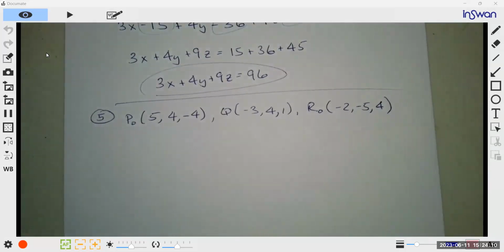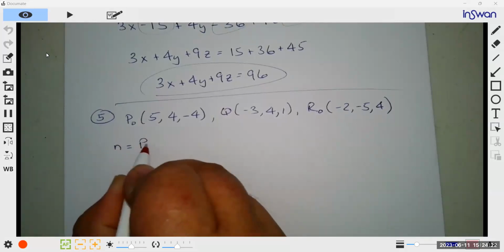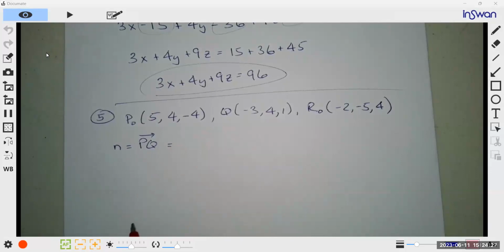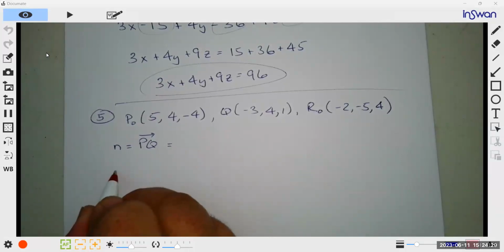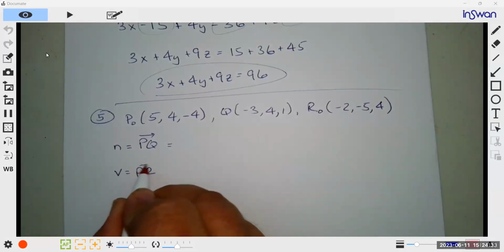So let's find the equation of the plane through the points. If we have a plane, that means we have to have the cross product, because we have to have the area of the plane. So we have vector n is going to be made up of PQ, and vector v will be made up of PR.